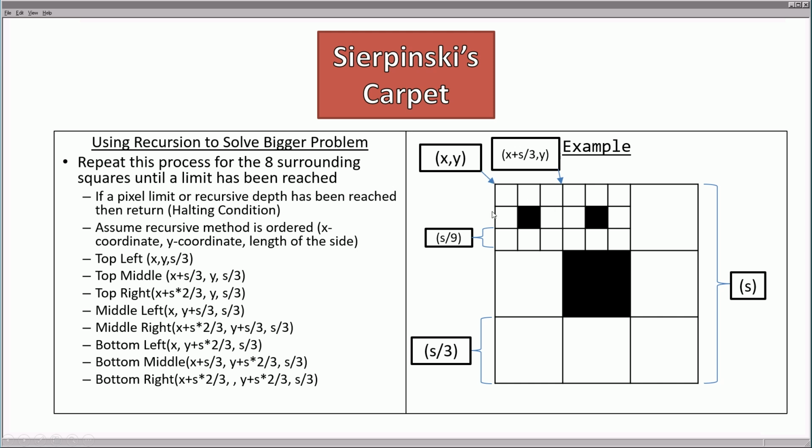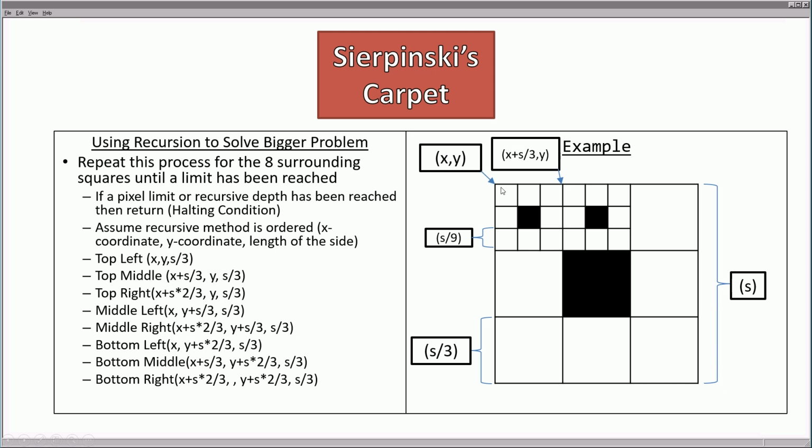When we did this again for this top left region, the x and y didn't change. The only thing that did change was the length of the region. But now, we have to once again assume that the x and y is the starting coordinate given this region. In order to calculate where this region starts, what we do is given this x coordinate here, we basically move it over.